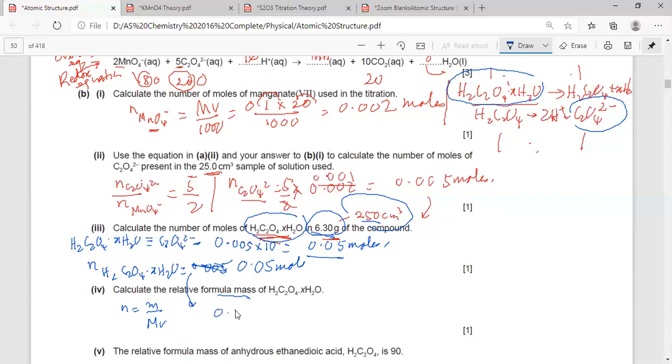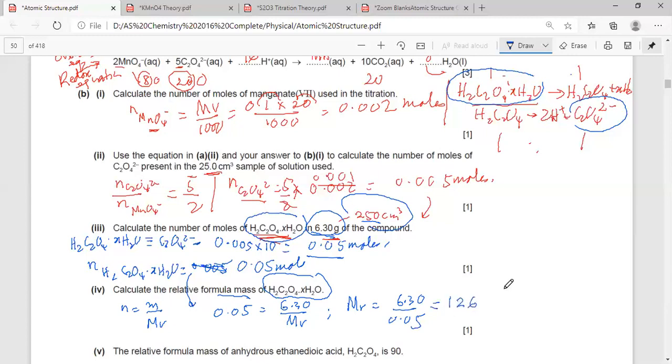So 0.05 equals the mass, 6.30, over the Mr of the whole thing, the whole thing plus the water. So Mr is equal to 6.30 over 0.05. I worked it out and it equals 126.